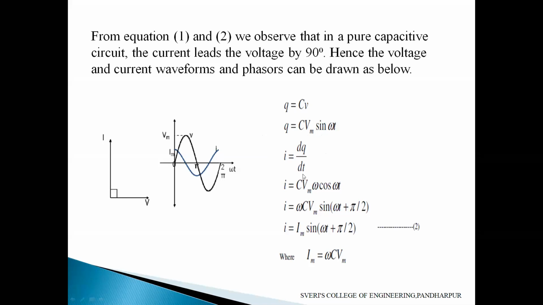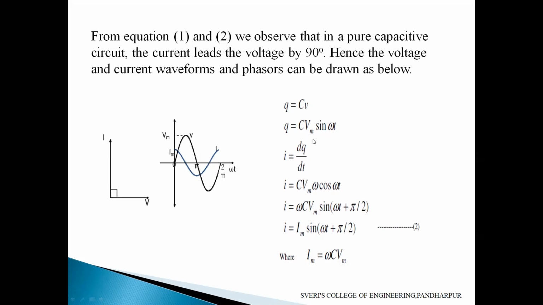Add one sentence: substituting Q equals C Vm sin omega t in the above equation, we get, increase the steps a little. I equals, before that write dq by dt equals d by dt of C Vm sin omega t.